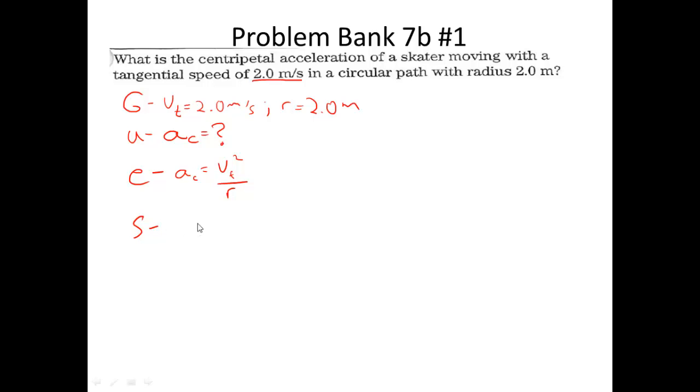Substituting everything in, we get a sub c is equal to 2 squared over 2. Solving that out, that's 4 over 2, which is just 2 meters per second squared.